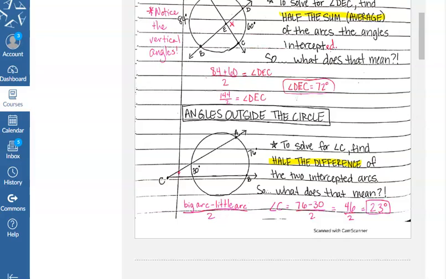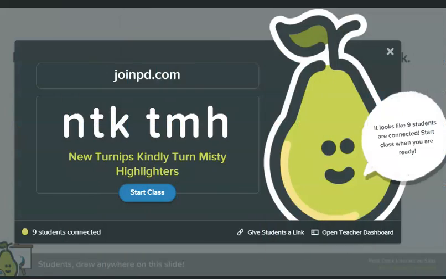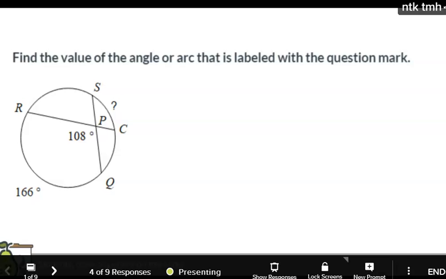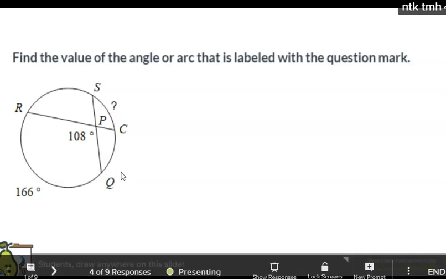Okay, so let's go back to this, and I want you guys to join this Pear Deck if you have not. A few of you joined just a second ago, so I want to give you a chance to see the screen. On this Pear Deck, I want you to remember that you need to add the arcs.